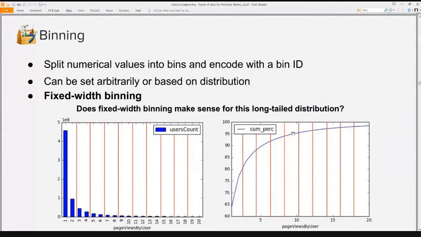Bins can be set arbitrarily or based on distribution. You can have fixed binning.